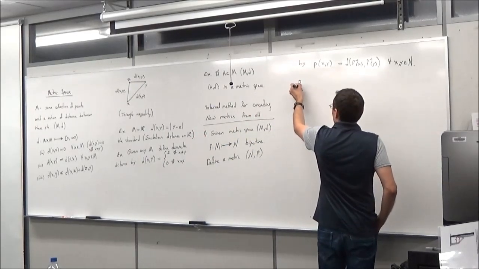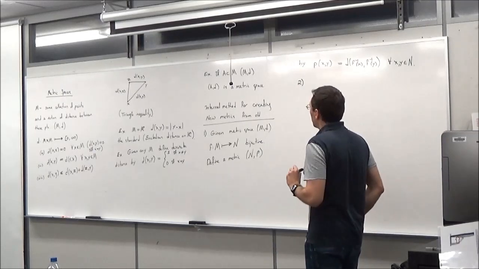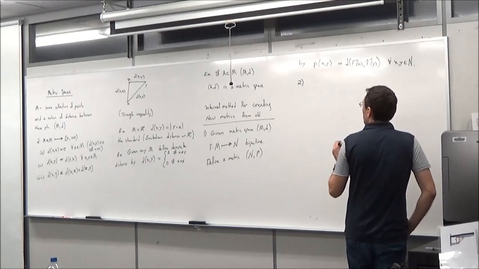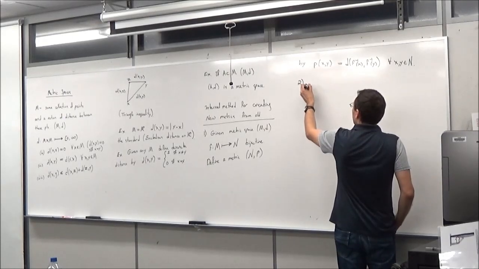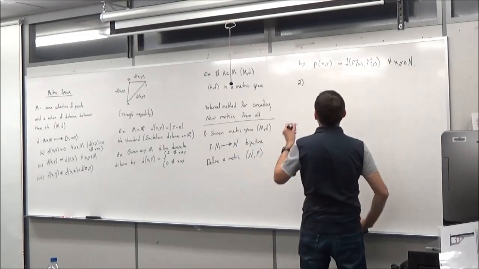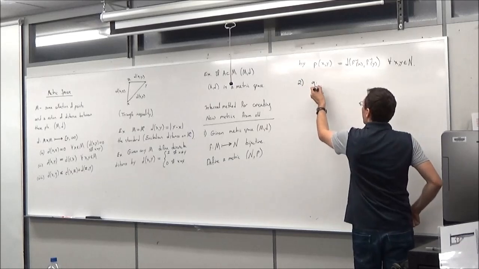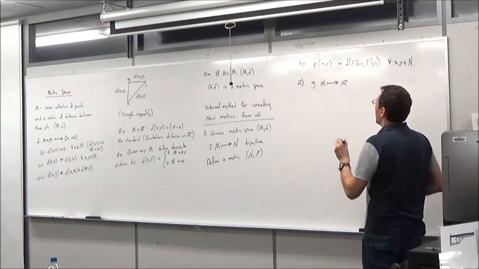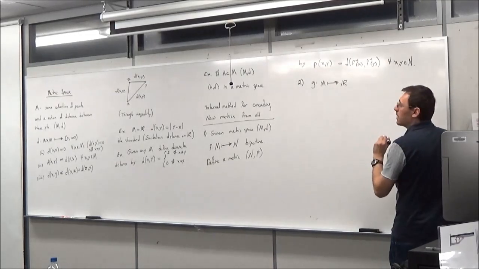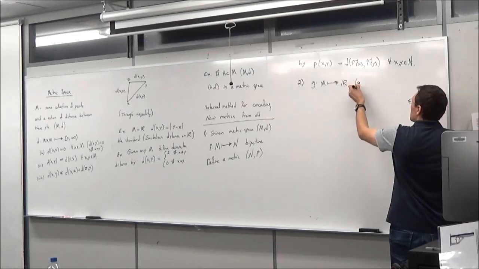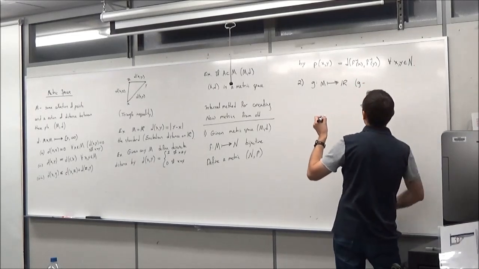Another version of this idea, and I'll give you examples so you'll see how it works. Suppose that I have a function, let's call it g, from M into R. And all I'm requiring is that this g is injective. G is 1 to 1.